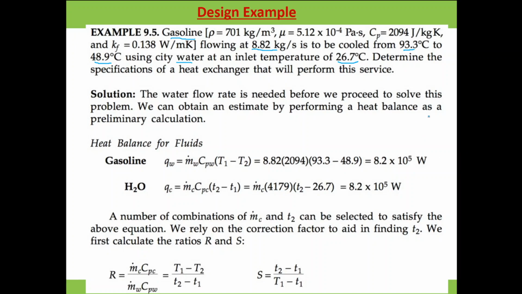Okay. So the mass flow rate and the inlet and exit temperatures are given for the gasoline, and for the properties we use the same technique as we used in the double pipe heat exchanger. If both temperatures are given, we use the average temperature to find the properties, and if only one temperature is given, then we take a suitable average temperature. Here our warm fluid is gasoline, which is to be cooled from 93.3 to 48.9, and the cold fluid is water.